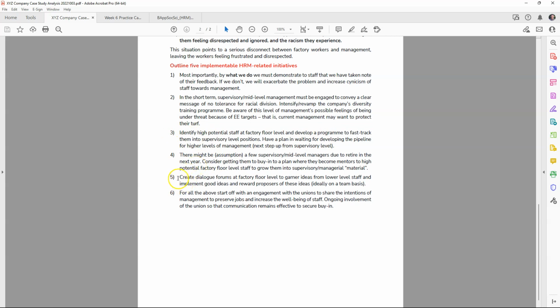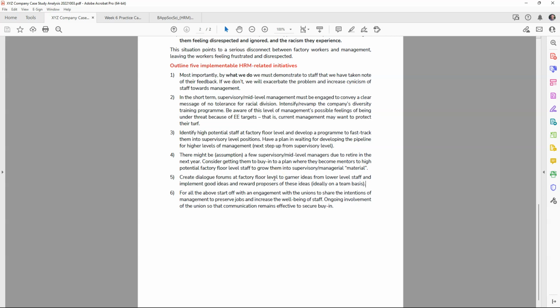And then other initiatives that have been successfully implemented in many organizations is to create dialogue forums at factory floor level to garner ideas from lower level staff, implement good ideas and reward proposals of these ideas, ideally on a team basis. So this isn't necessarily about racial representation, although it may come into it. You create dialogue forums at factory floor level to engage people, to give you advice on what they experience when they work and what could be done better.